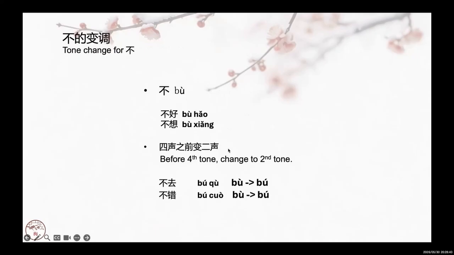But when this character comes before another character whose tone is the fourth tone, we have to change the tone for bu from its normal tone, the fourth tone, to the second tone.